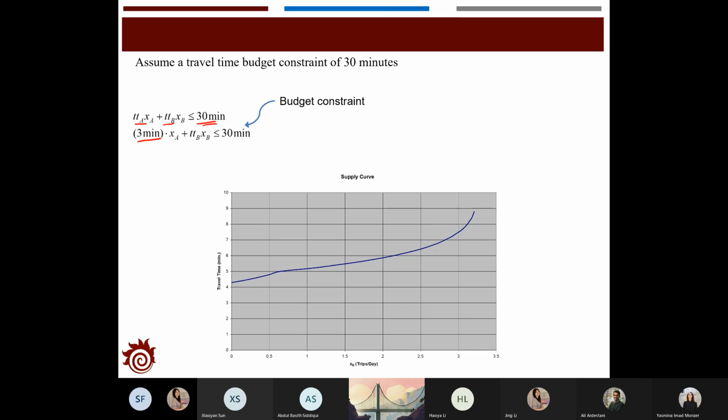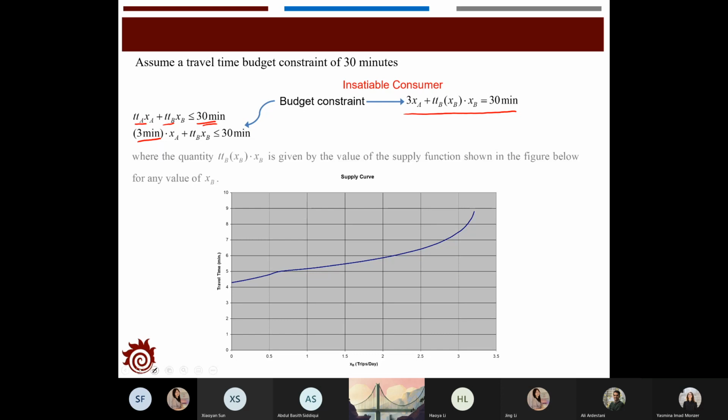In addition, we will try to remove this sign of smaller than or equal to 30 minutes. We will try to utilize the insatiable assumption. In that sense, 3 times XA plus TDB times XB should equal 30 minutes. It means that we will use all the 30 minutes budget. And in this equation, TDB times XB is the value that can be determined by the supply function, and it's what we have derived from the fundamental diagram.